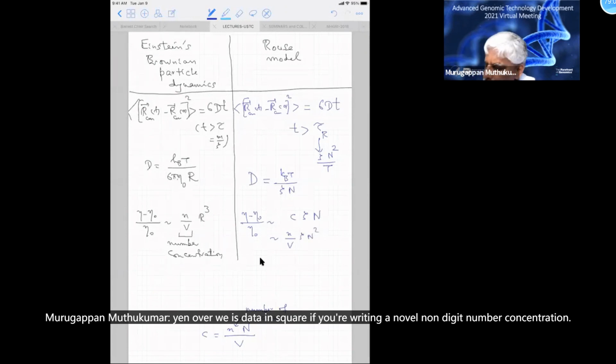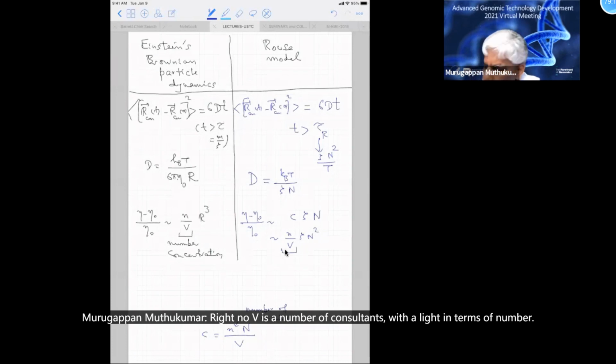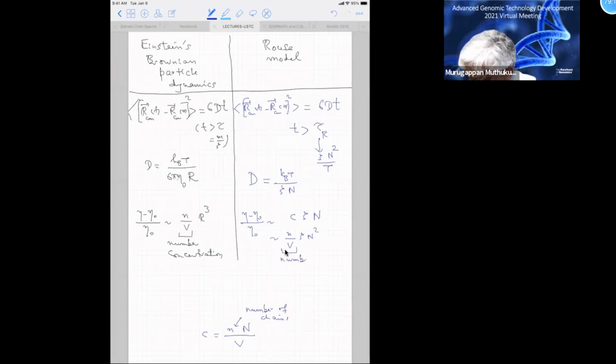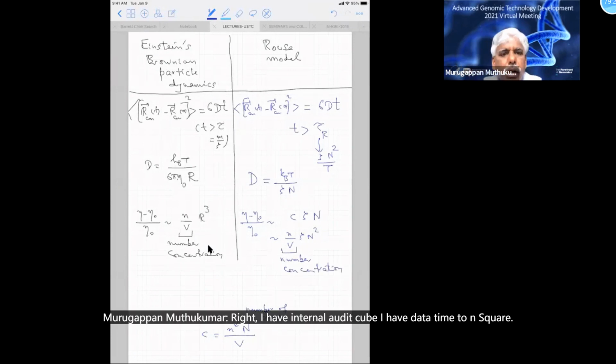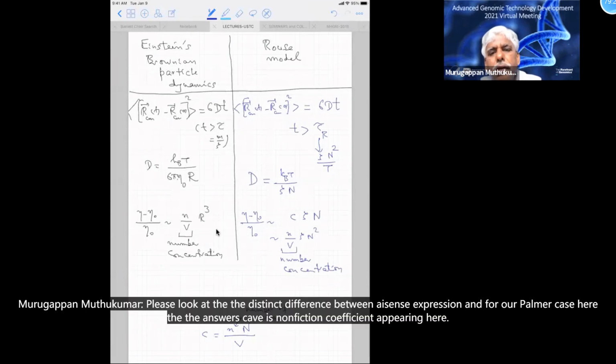If I write it up, now this is number concentration. N over V is a number concentration. If I write in terms of number concentration, I have, instead of R cubed, zeta times N squared. Please look at the distinct difference between Einstein's expression and our polymer case.